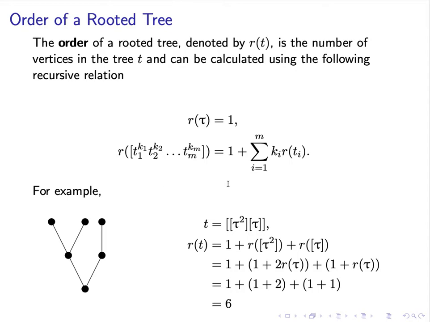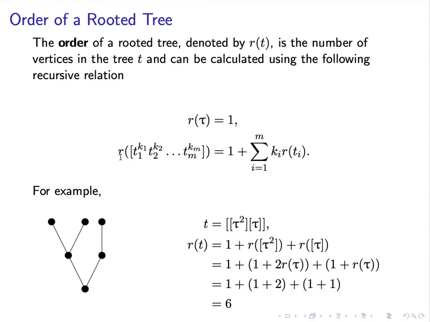So the first property we're going to be looking at is the order of a rooted tree, and this is denoted by r(t). Remember, t is the name of our tree, so r(t) is the order, and this is simply the number of vertices in t. It's calculated by using the following recursive relation. The order of a tree with a single node is obviously 1.